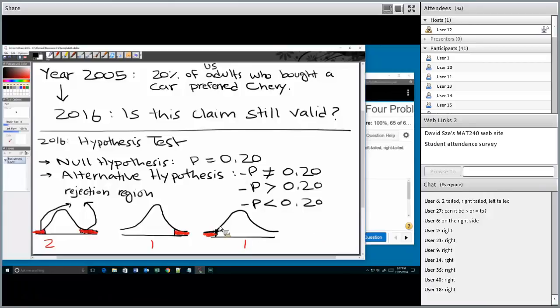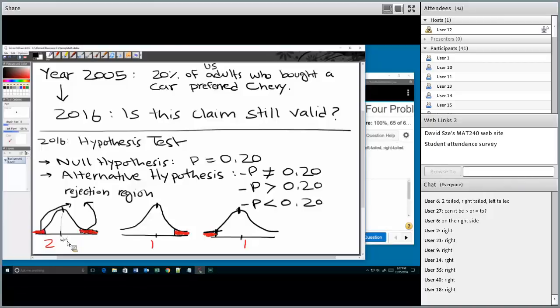One other thing I want to point out, and then we can start our questions, is that the null hypothesis value is always going to be in the center. So if the null value is in the center, and I'm in this rejection region, I'm too far away from the null value, which is why we reject the null.